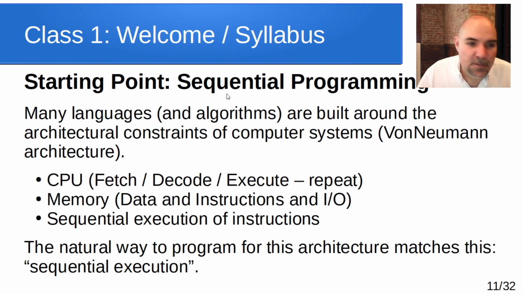All right, so many languages are built around that kind of sequential constraint because computer architectures are sequential, following a von Neumann architecture. As a reminder of how the von Neumann architecture is set up, you have a CPU that carries out instructions. The way it does that, it fetches an instruction, decodes it, in other words, figures out what the instruction is, and then carries out the steps to do that.